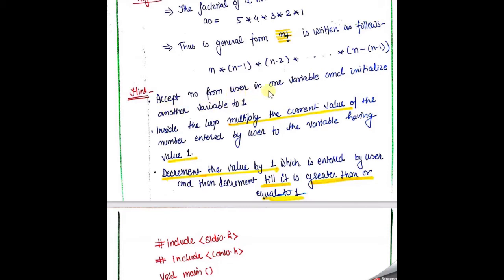Here, first you need to initialize two variables, one variable to hold the number and another variable initialized to 1. The variable initialized to 1 is basically what performs the main operation. How?